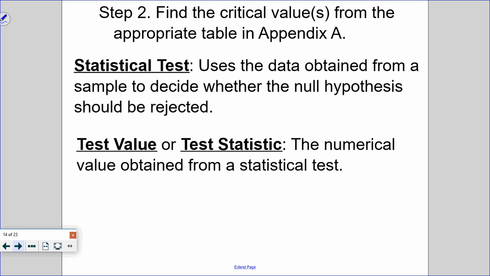So our decision will be made based on the critical value and then our test statistic, whatever is found. If the difference is significant, then the null hypothesis will be rejected. If not, it's not rejected.